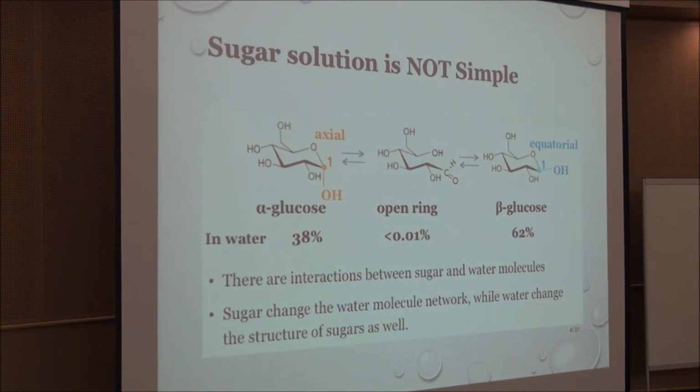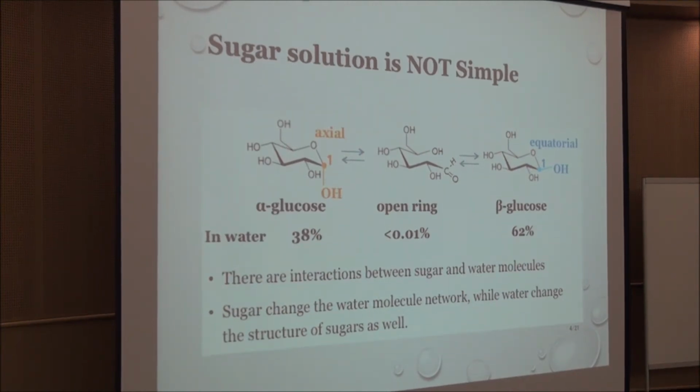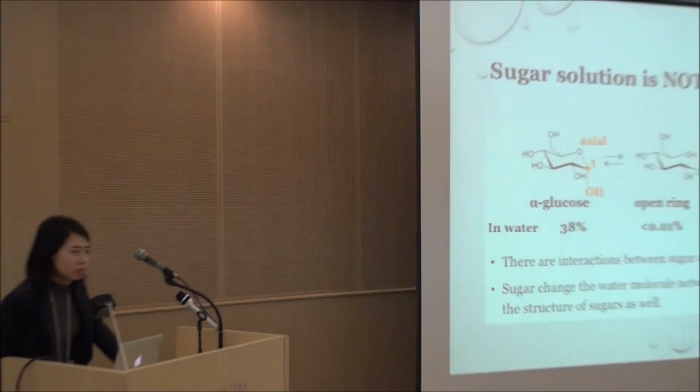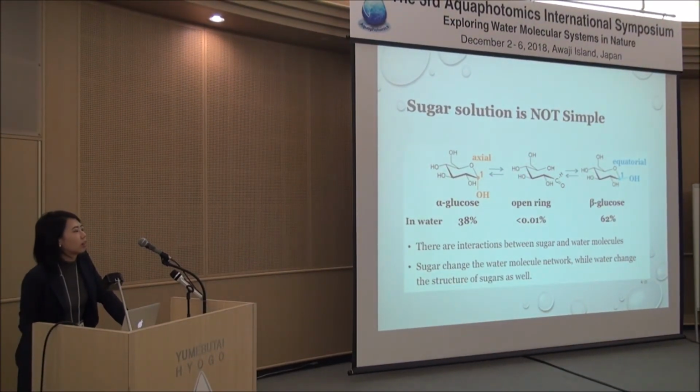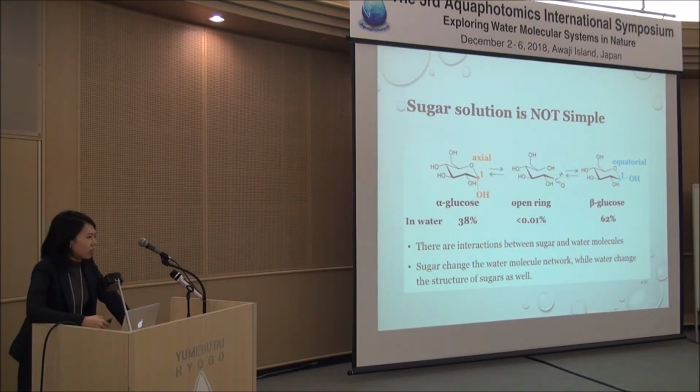Some other questions? Yes. We know that sugar is one of the fundamental components of DNA. Can you mention the role of the diluted sugar in the body water to maintain the stability of DNA?